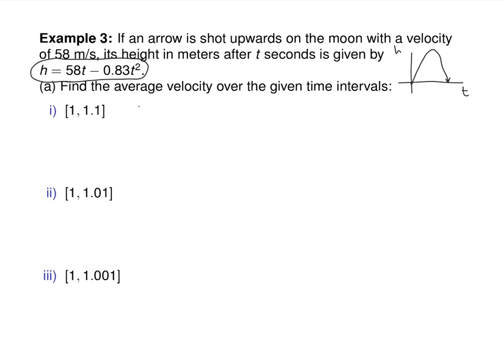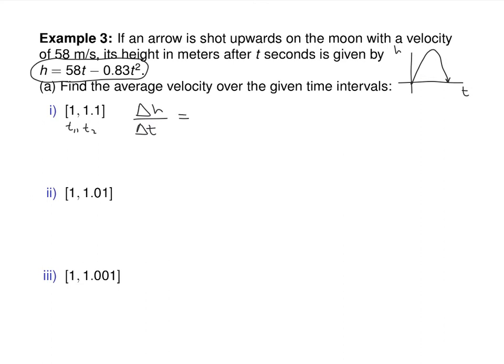So I'm going to call this delta H over delta T. You guys seen delta used for change before? So change in height over change in time. So this thing is telling me the first time point, so time 1 to time 2. From time equals 1 second to time equals 1.1 seconds.